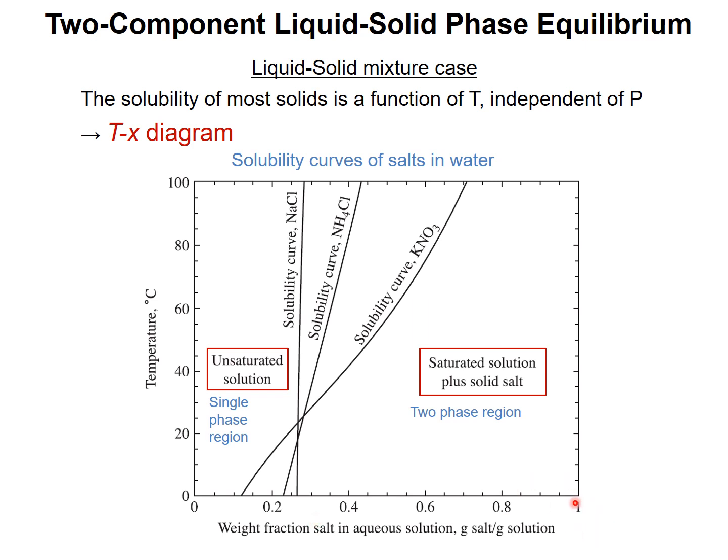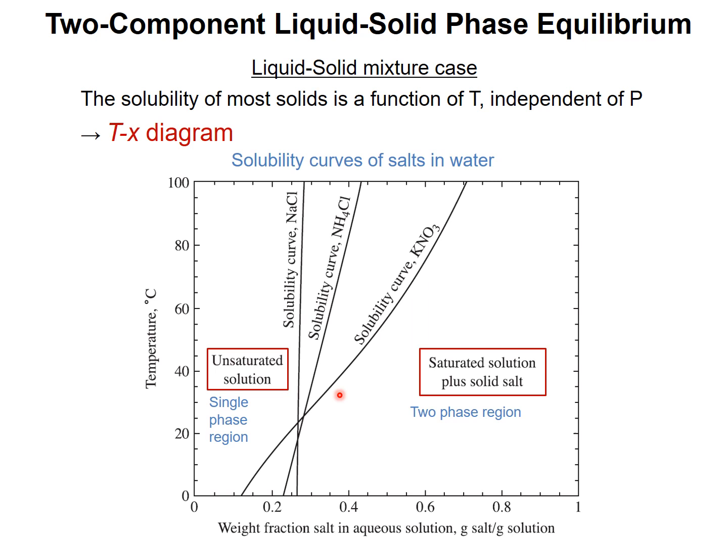However, 1 means only salt is there without any water. The Y-axis is the temperature, because the solubility is changing with temperature. We have three different salts, and I'd like to focus on this line, which is the solubility curve of potassium nitrate.